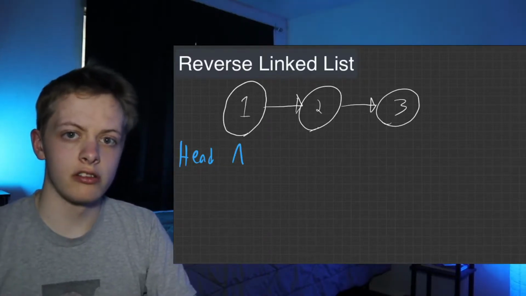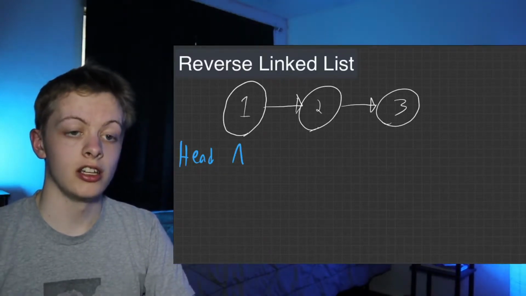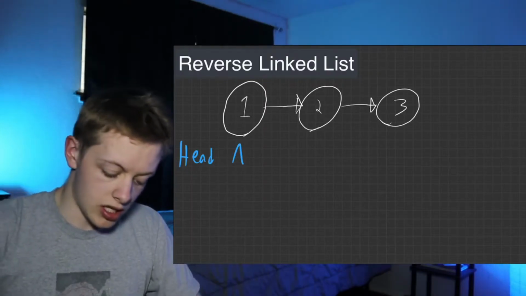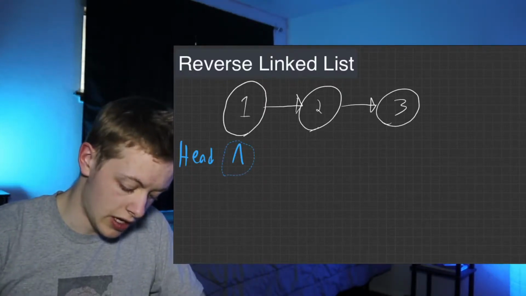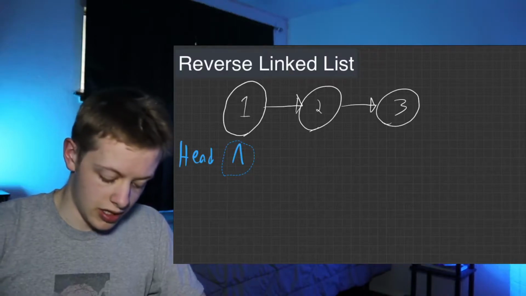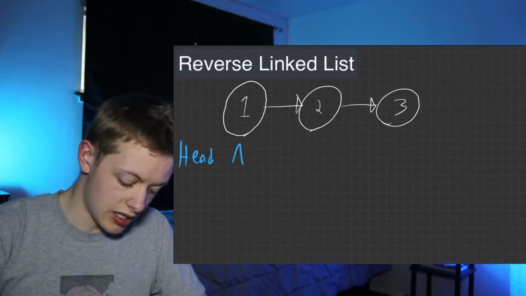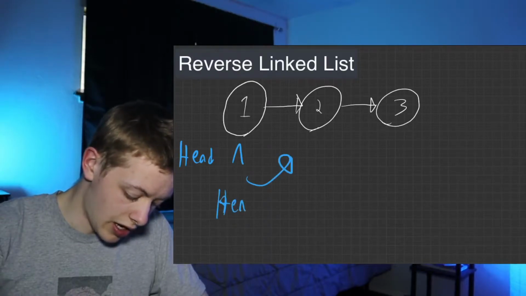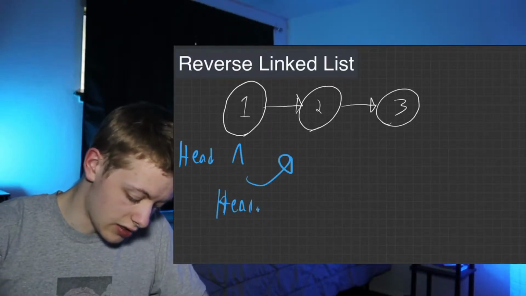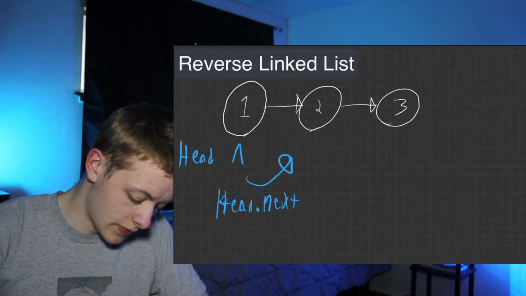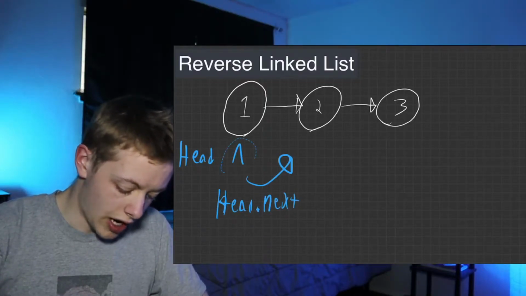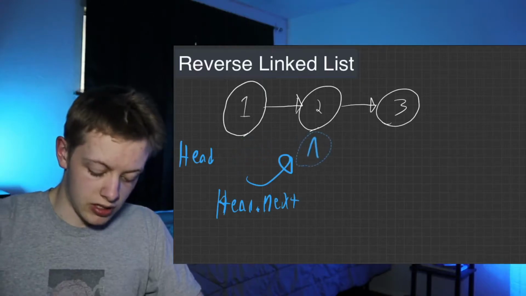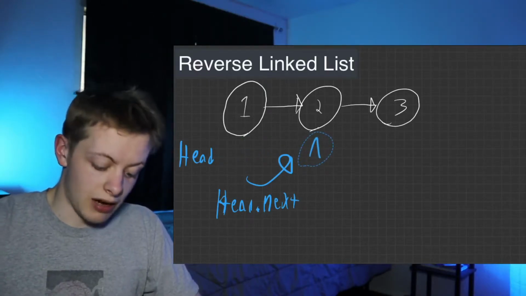Imagine you wanted to go through your linked list twice. If you just use the head node, it would look like this. You'd have your head variable, and you go head, and then to get to the next node, it would have to be head.next. And so now our head arrow is pointing to here, and now we're at 2.